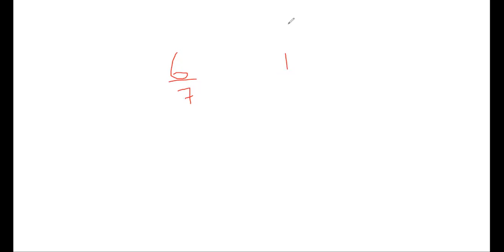Yalla, which one is greater? The 1. Why? Because 6 over 7 is a fraction less than 1. Do you still remember proper fractions and improper fractions? So when the numerator is less than the denominator, then the whole fraction is less than 1. Do you still remember? Yes.